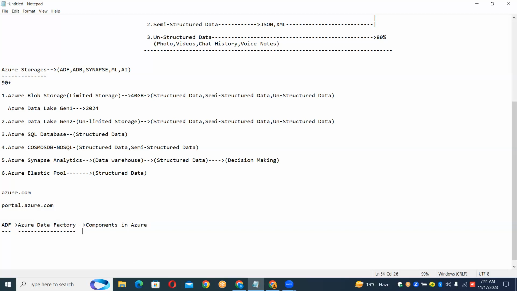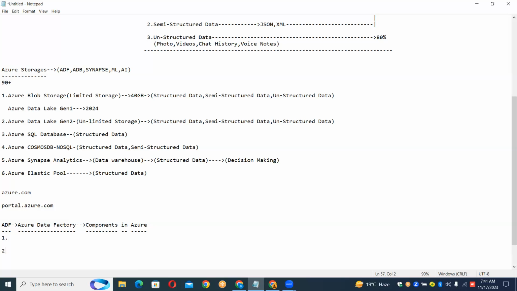You must know what the components are, because based on these we are going to work in Azure Data Factory. So basically, to work with and use Azure Data Factory, we require knowing the following components.